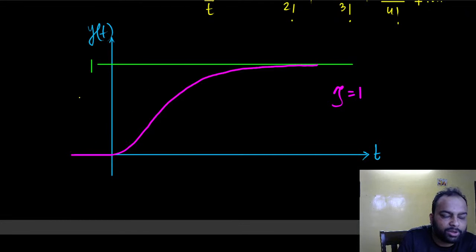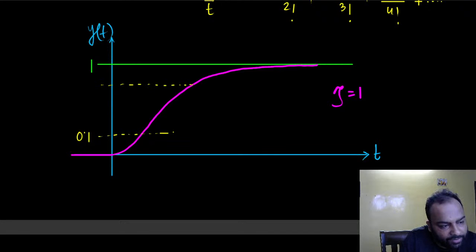The final value of the response is 1 here. If I multiply everything with p, the final value of the response will be p. So what is 10% of the final value? That is what 10% of the final value is, like 0.1. And what is 90% of the final value? Say this is 90% of the final value of the response, like 0.9.